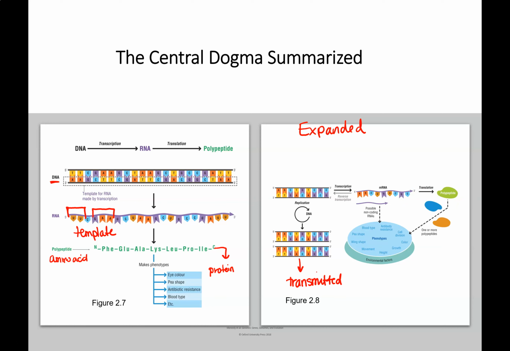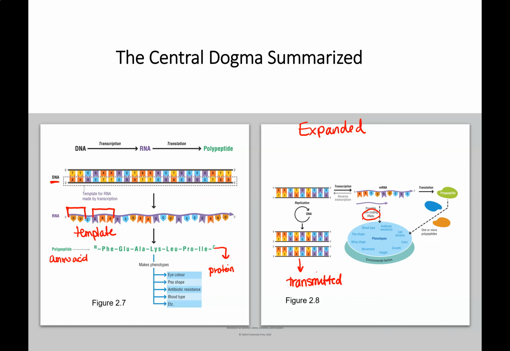Now, we can also have some other types of molecules that are made up from our DNA molecule. And these are called non-coding RNAs. We'll talk about those later. They perform different jobs within the cells.